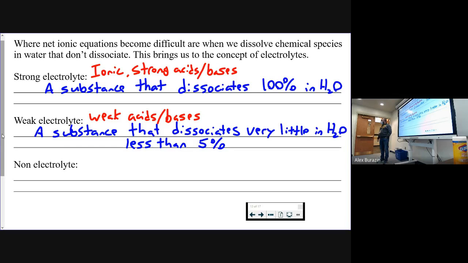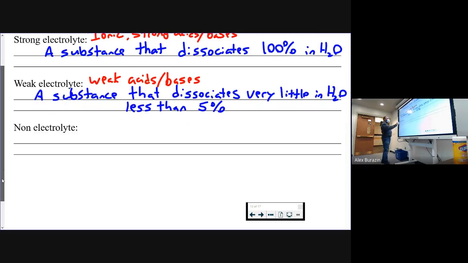There you go. Yep. Strong electrolyte, 100%. Every single molecule dissociates. Weak electrolyte, a tiny bit, like 5% or less dissociates. Non-electrolyte, this is a substance that does not dissociate at all. No dissociation.